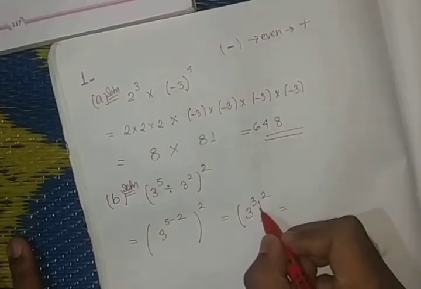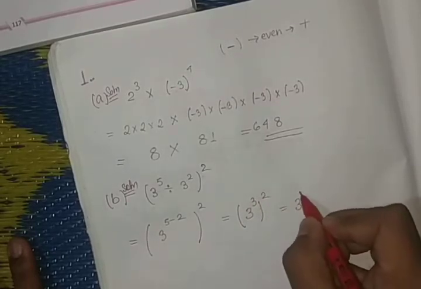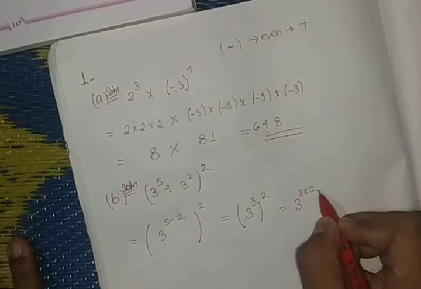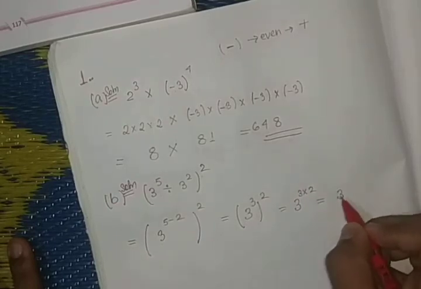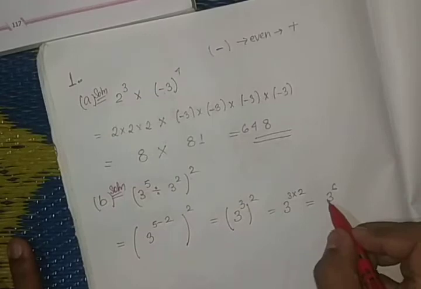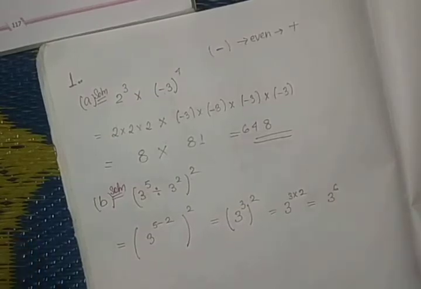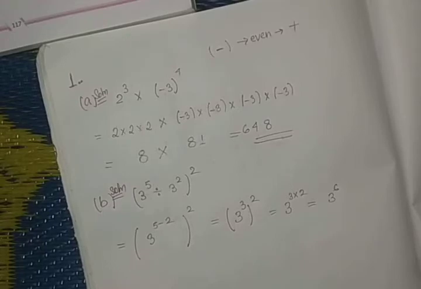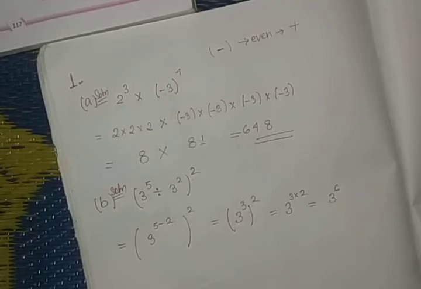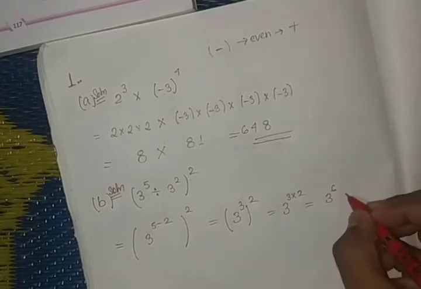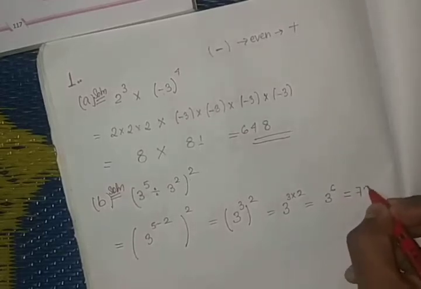Then bracket means multiply, and 3 to the power 3 into 2 is equal to 3 to the power 6. Now this 3 to the power 6, you need to multiply 3 six times, means 3 into 3 into 3 into 3, 6 times. Whatever is the result, you have to write that one here. 3 raised to the power 6, you will be getting 729.